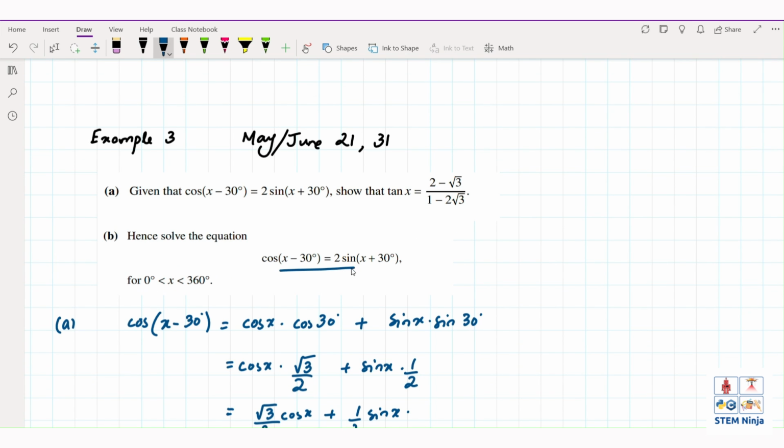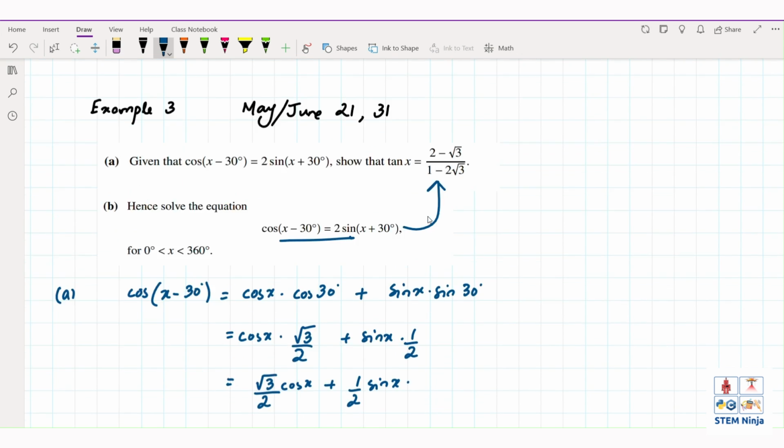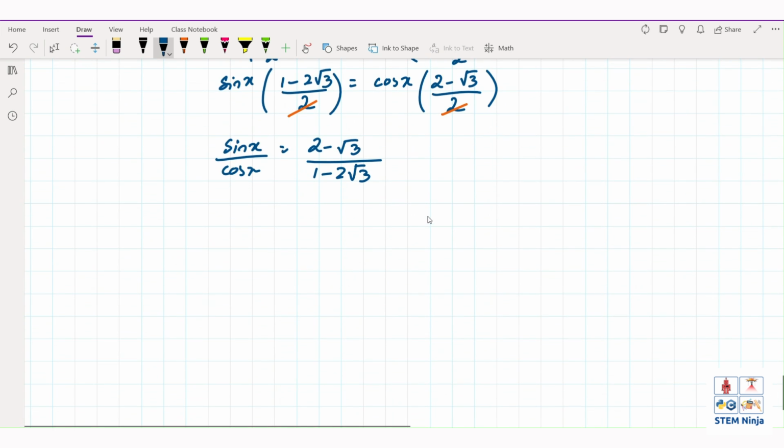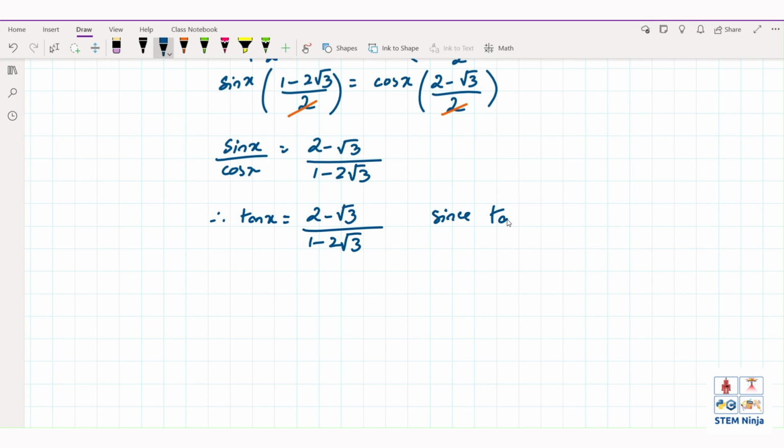Hence, solve the equation for x from 0 to 360. Therefore, tan x equals 2 minus root 3 over 1 minus 2 root 3, since tan x is equal to sine x over cos x.